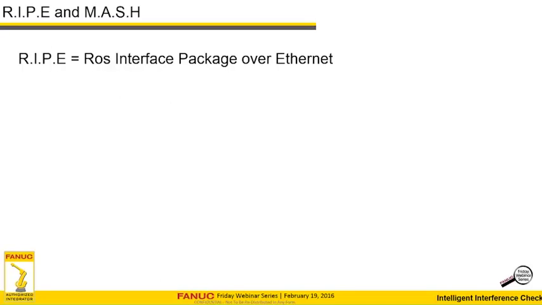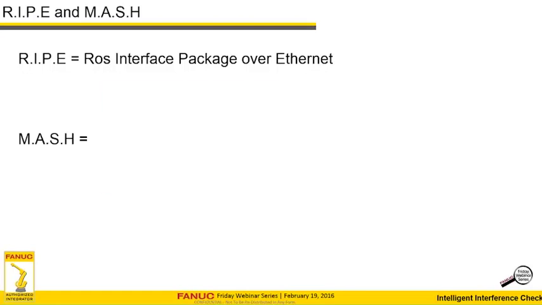So RIPE and MASH. RIPE is the ROS interface package over Ethernet. It is a high-speed communication protocol, and again, it is included with IIC when you order the package.